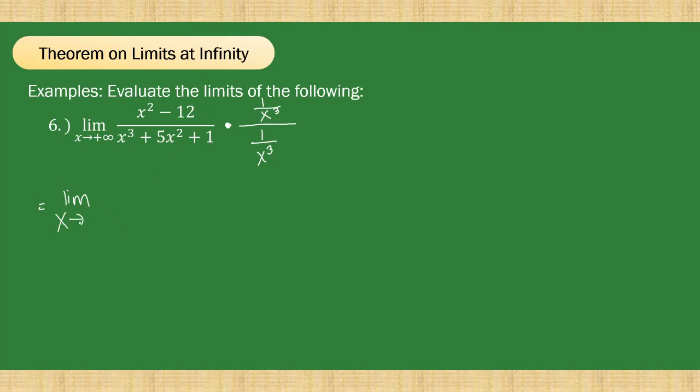So we have still the limit notation. This will be x squared over x cubed minus 12 over x cubed. Ganon din yung mangyayari sa denominator. Lahat ng terms ay malalagyan ng denominator na x cubed.